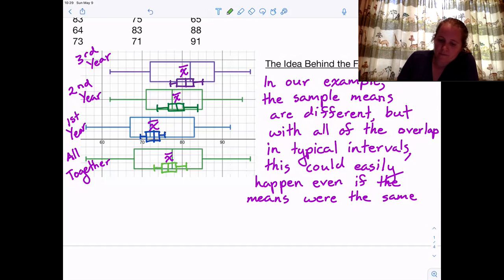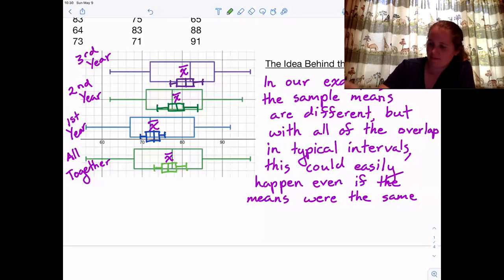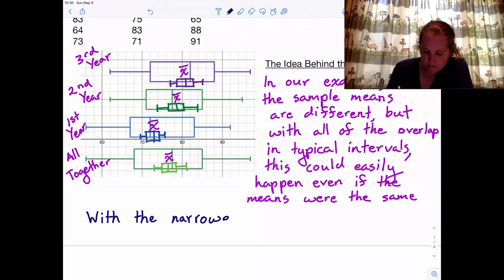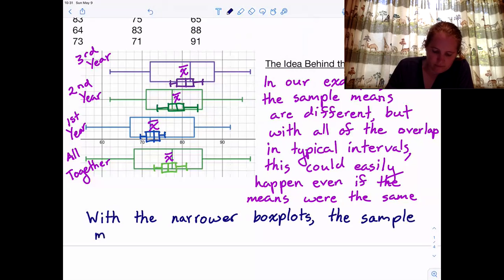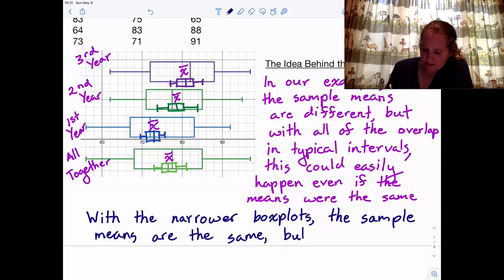Again, with the narrower box plots, the sample means are the same, but there is much less overlap.